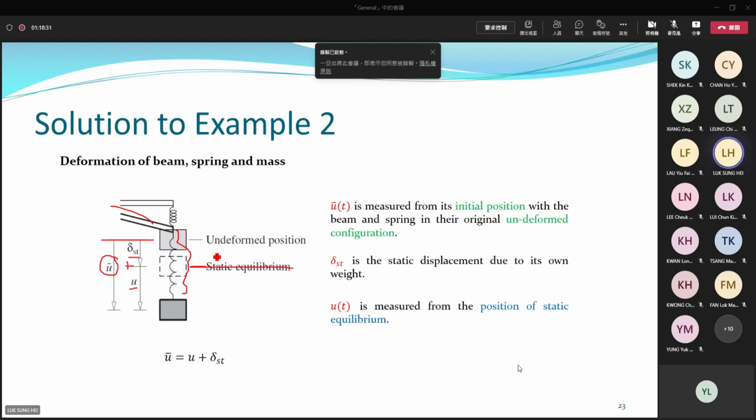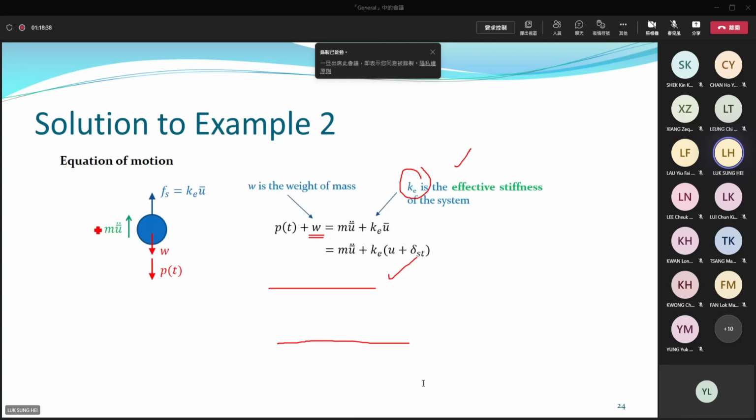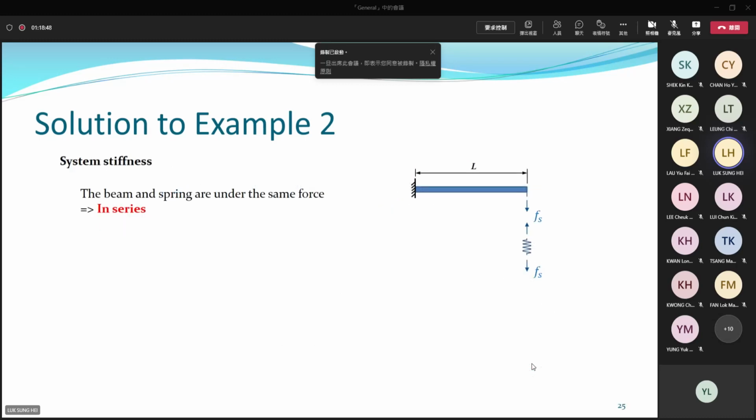You need to think about the so-called parallel system and series system. I just mentioned the parallel system criteria. Parallel system means all springs are under the same deformations. But what about our current problem? Are they under the same deformations? Well, the answer is no, they are not under the same deformations.